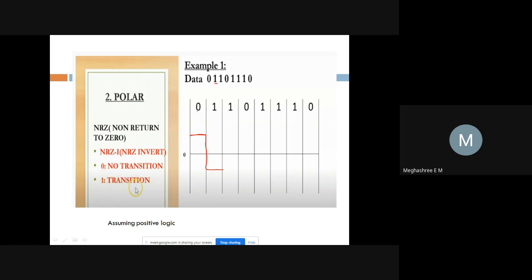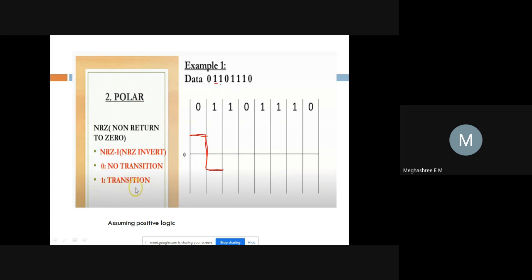For 0, no transition. I started here, stopped here, and checked the next bit. It is 1, so there should be a transition in the voltage, from the positive side to the negative side.